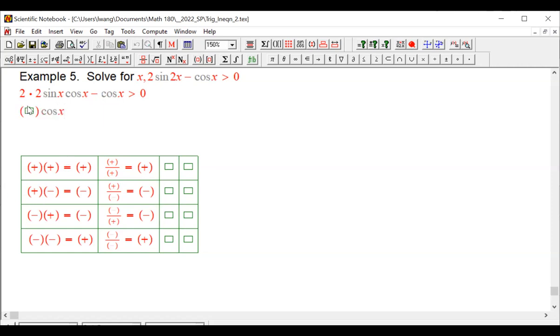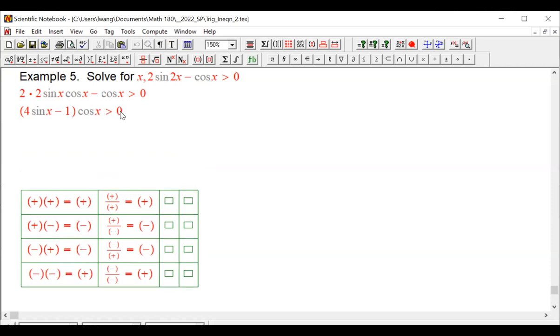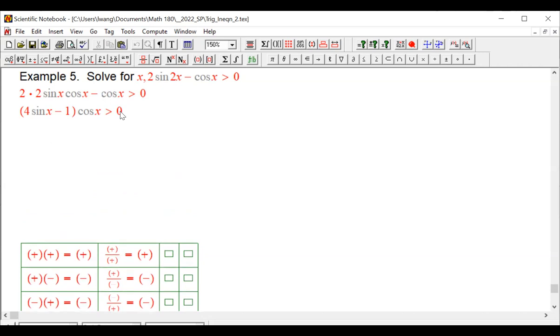So we're left with cosine x times 4 sine x minus 1, and we want this to be positive. Okay, and then what do we do? Shall we do some sign analysis? Well, this sign analysis is pretty difficult because the domain is all real numbers.